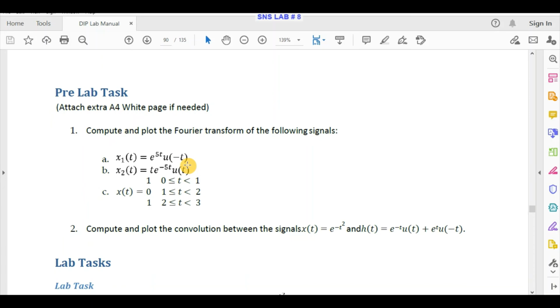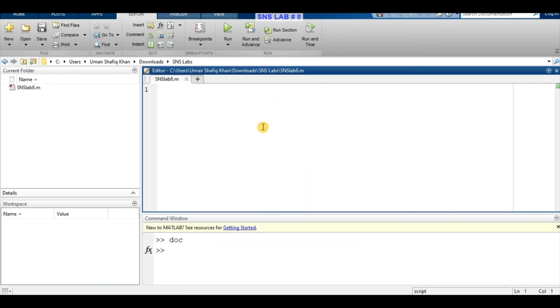As we know, there are two symbolic variables used. The first one is t and the second one will be omega. So in MATLAB we will put syms to initialize symbolic variables t and w for omega.